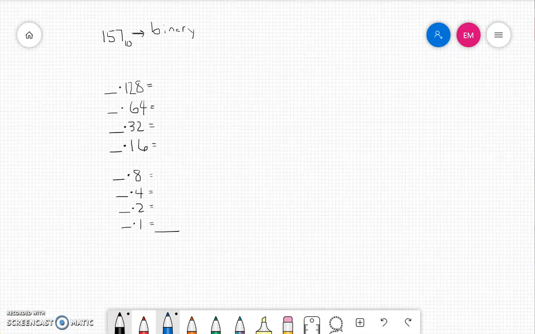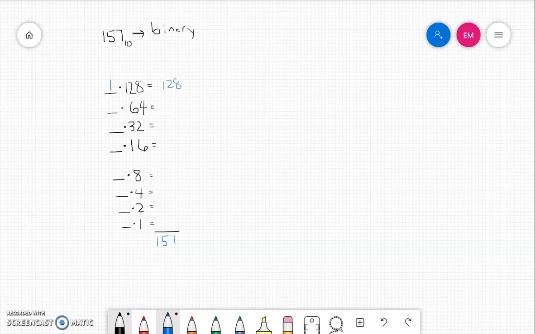All right, in our second example, we're going to take the number 157 and turn it into a binary number. Again, I use the structure that I've used in the past. What we need to do is have the numbers add up such that we get 157. I always want to start in the highest place value, and in this case, I know I'm definitely going to need 128 to get to 157.